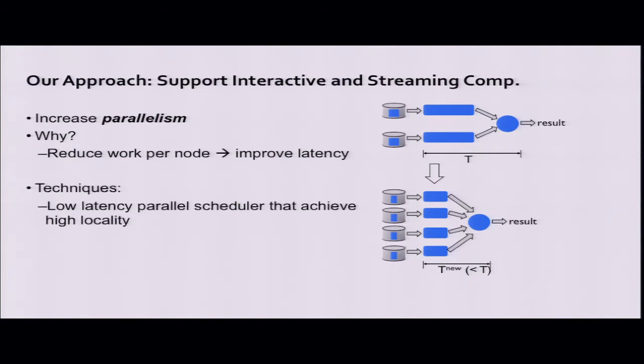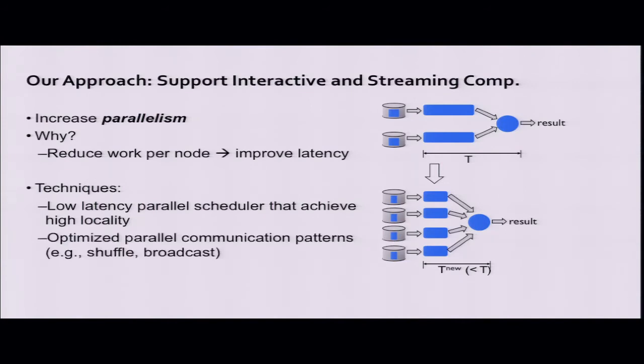However, this comes with quite a few challenges because as you reduce how long a task takes, you are going to hit other bottlenecks like the scheduling overhead. So we have quite a bit of research on reducing the latency for parallel schedulers while still achieving high locality. Then the communication becomes a bottleneck. So we have some work to optimize parallel communication patterns.